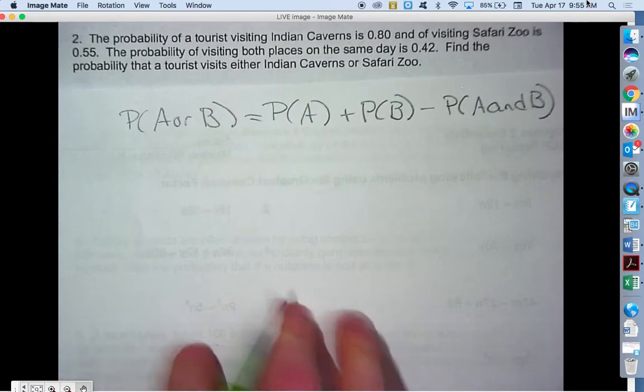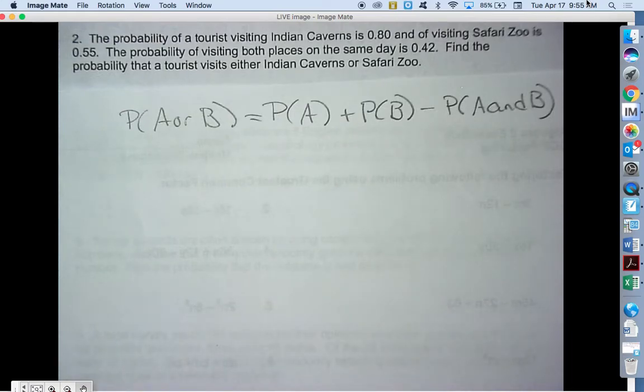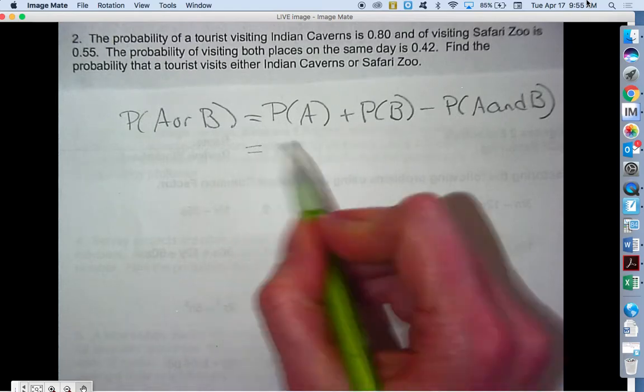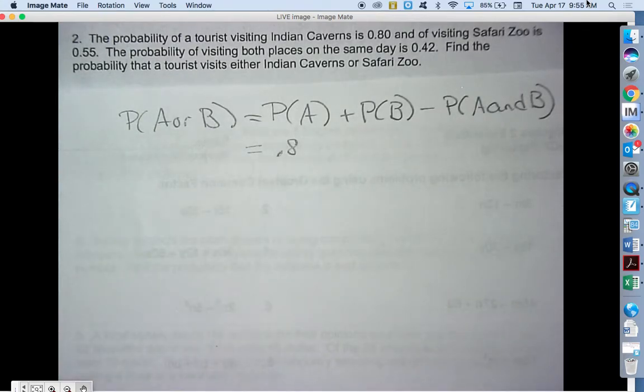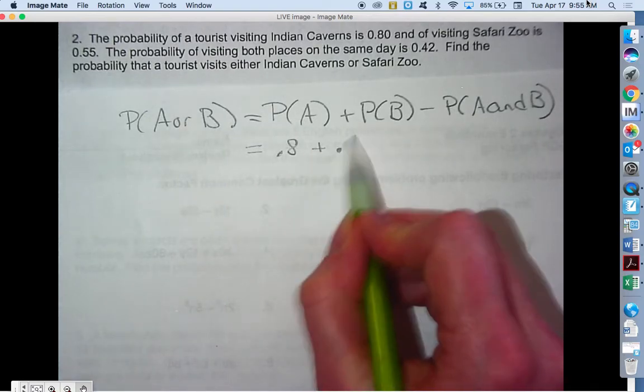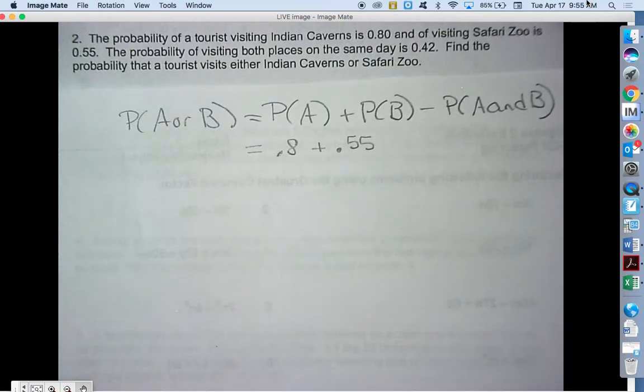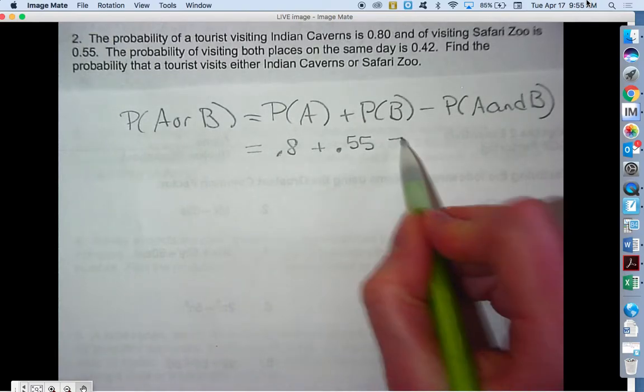So what information can we plug into the formula? Aaron? 0.8 is the probability of A, and then 0.55 is the probability of B, minus 0.42 is the probability of both.